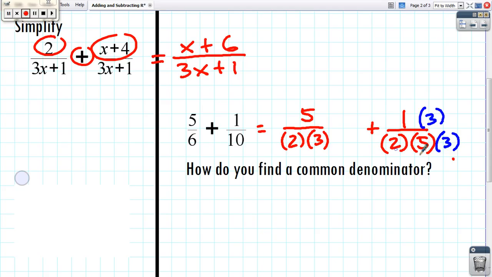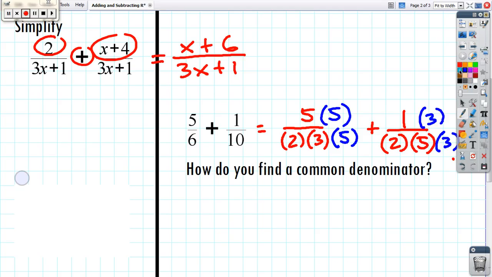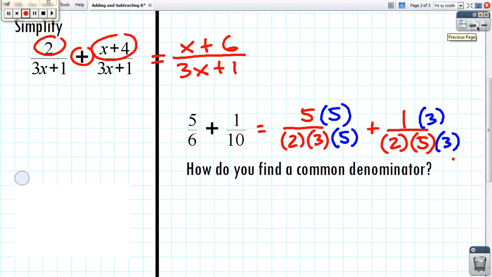Now, they both have a factor of 2, they both have a factor of 3. Now in this fraction, what we're missing is that factor of 5. So here we multiply top and bottom by 5, and we eventually get a common denominator of 2 times 5 times 3, which is 30.